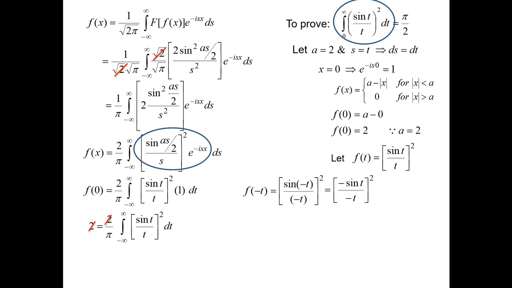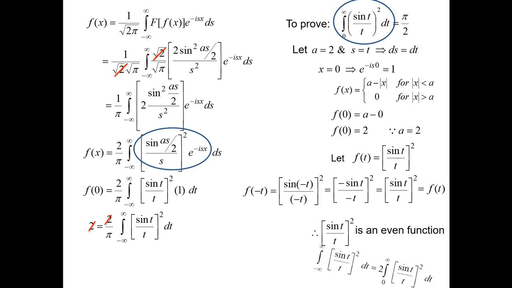Sin of minus t is minus sin t divided by minus t. Here minus minus cancel, we get (sin t by t) the whole square. This is nothing but our f of t. So when we replace t by minus t, we get f of t only. Therefore (sin t by t) the whole square is an even function.